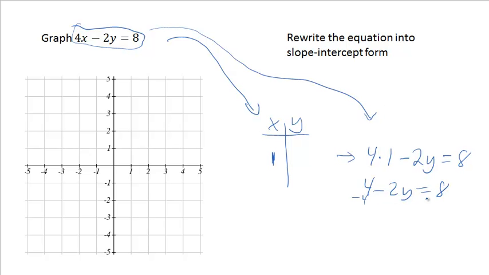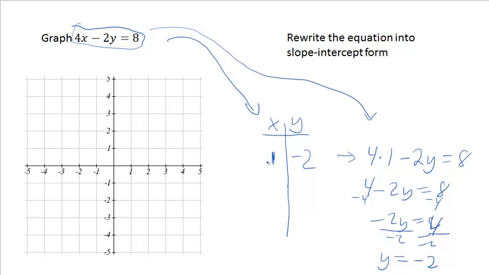And now I can solve for y. Negative 2y equals 4. Divide both sides by negative 2. And y equals negative 2. So when x is 1, y must be negative 2. So go ahead and find a couple more points here, and then graph the line.